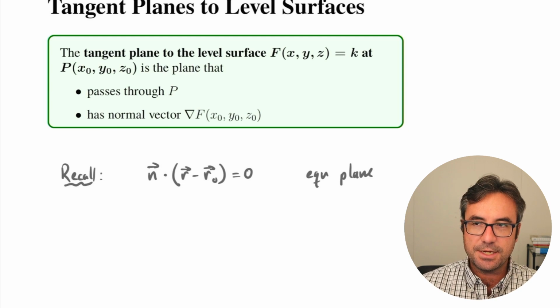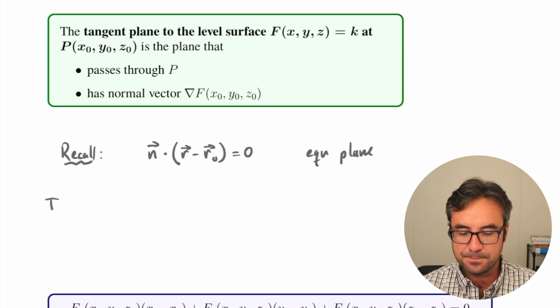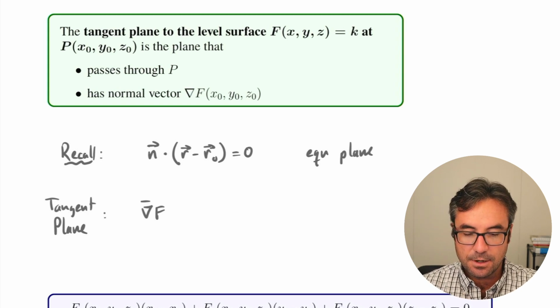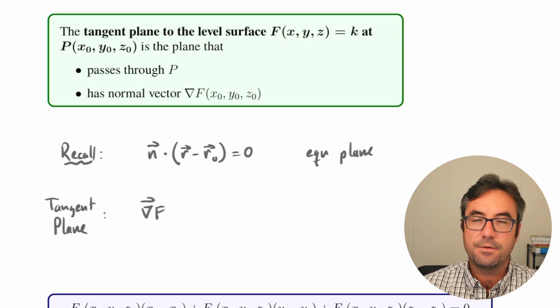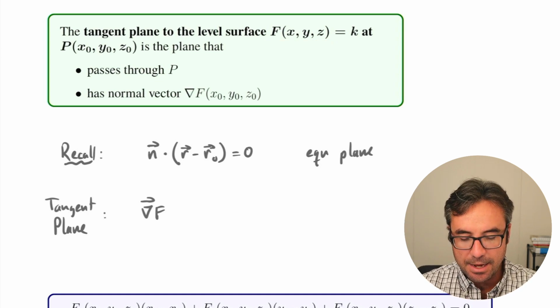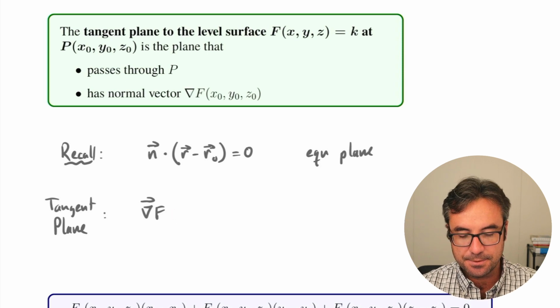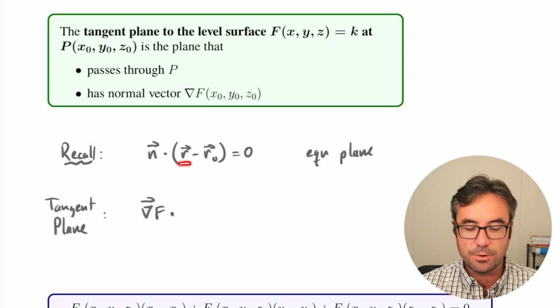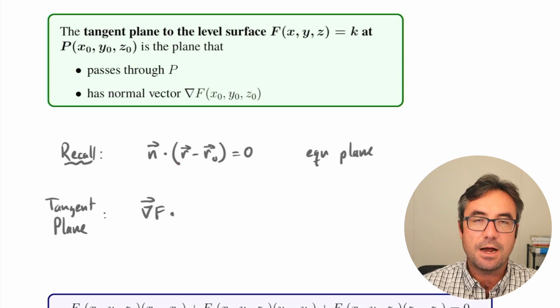What we're seeing with the tangent plane is we can view this as the gradient of our function capital F, and we're doing the dot product with the general position vector r.